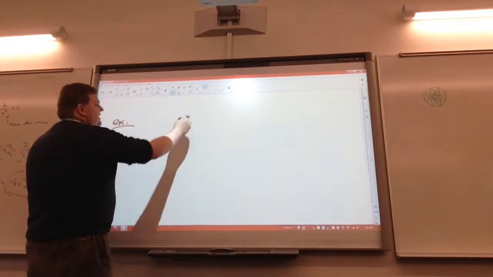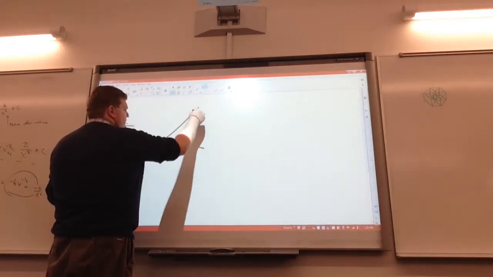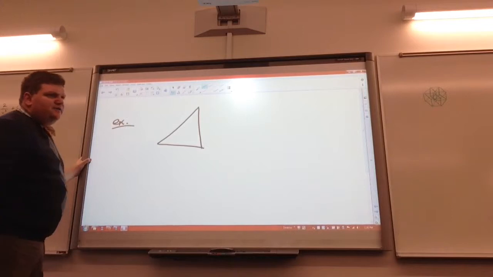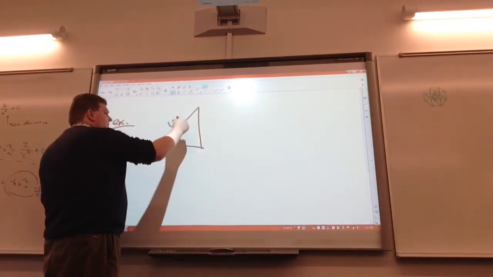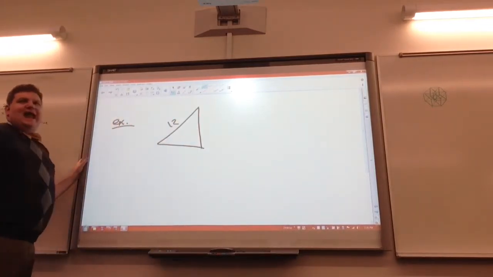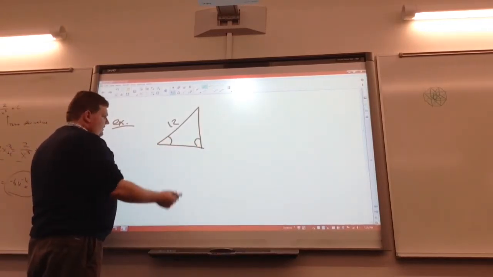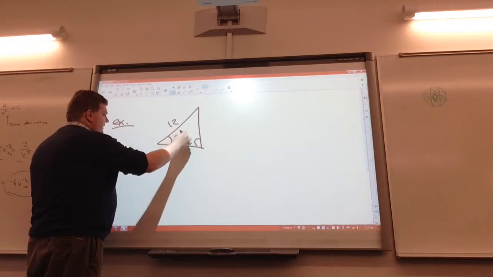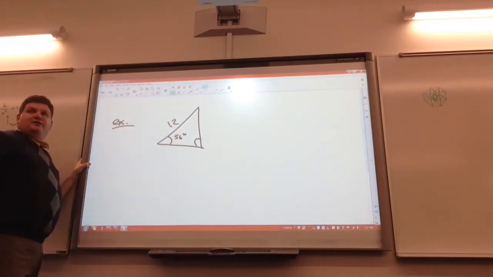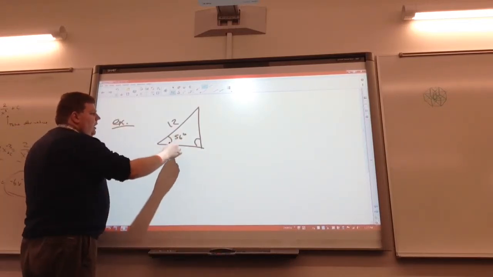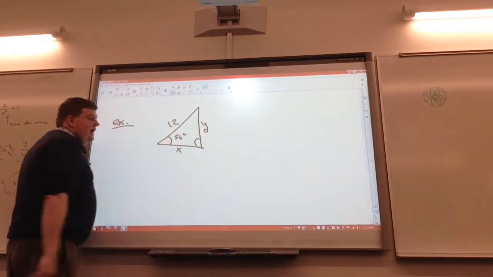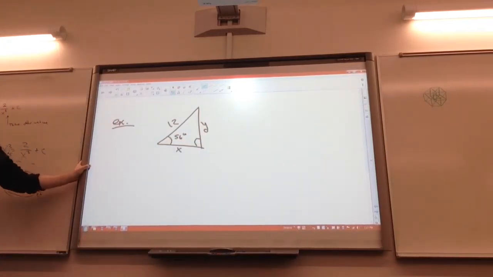Let's say I had a random right triangle, and I knew the hypotenuse of this right triangle was 12 in length, and I knew the angle theta that it made in relation was 56 degrees. I wanted to find how long each of these sides were. What I would do is set them up using these ratios.